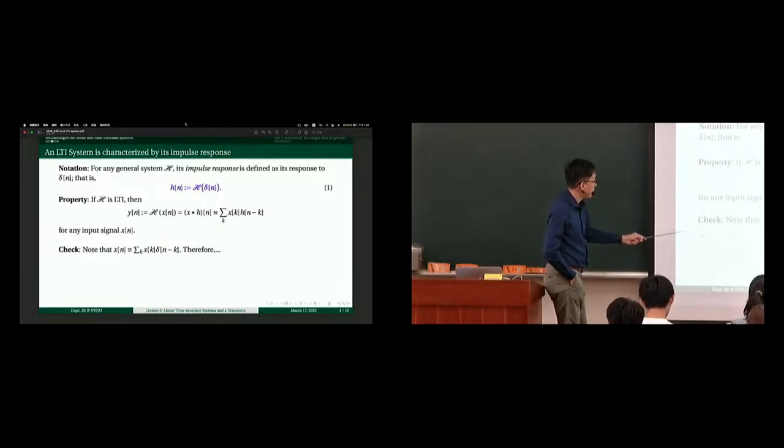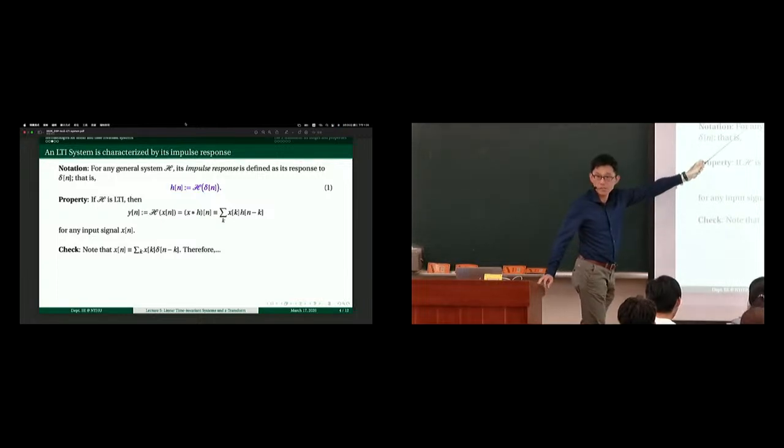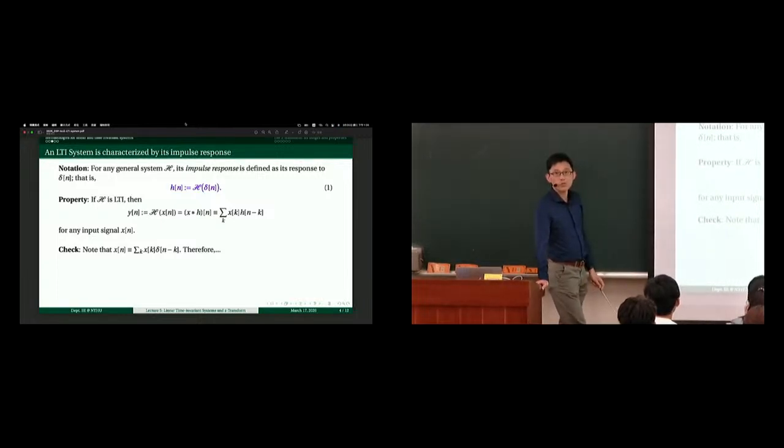All right, so this is an important concept, perhaps the number one most important concept in this course, because of this, we say an LTI system is characterized by its impulse response.